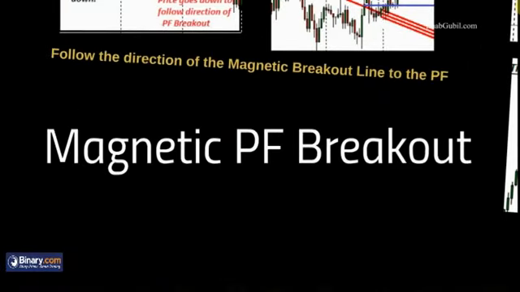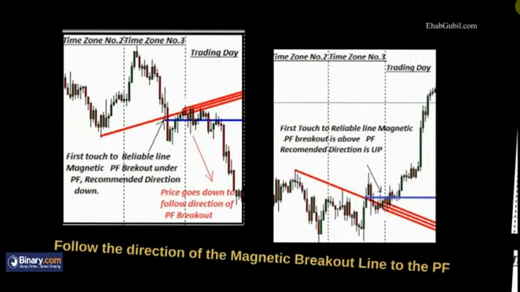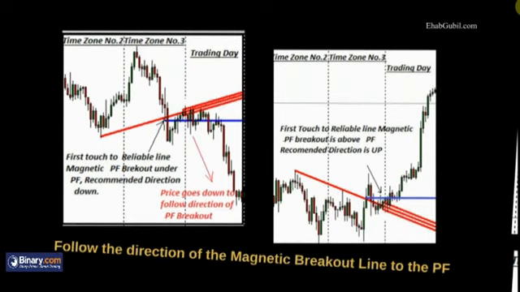Here is a new tool that totally depends on reliable line breakout. The magnetic PF breakout is a powerful tool that we'll take part in our trading system later, and most of our trading decisions will depend on it. Magnetic PF breakout is formed by the breakout of price action to the reliable line.